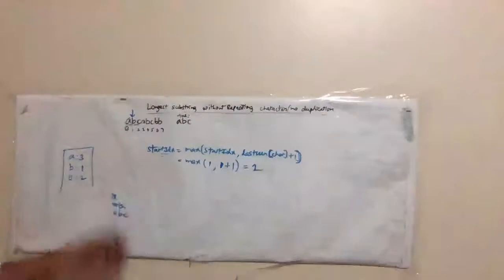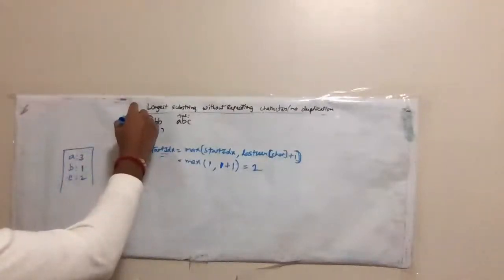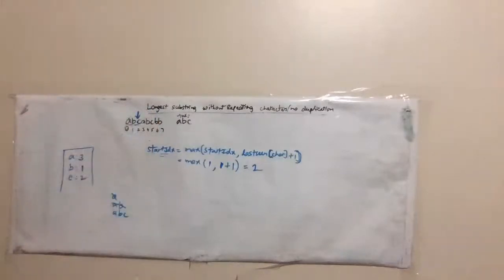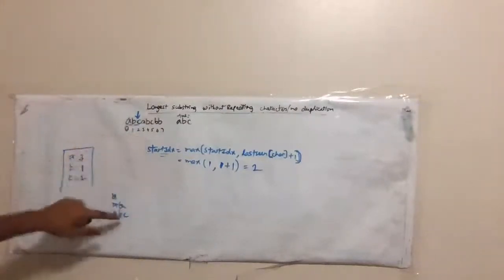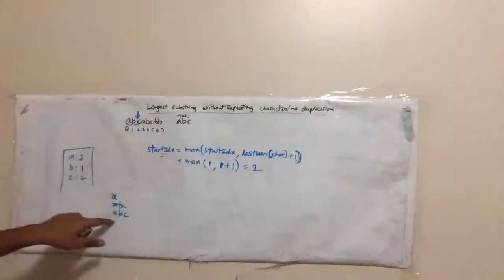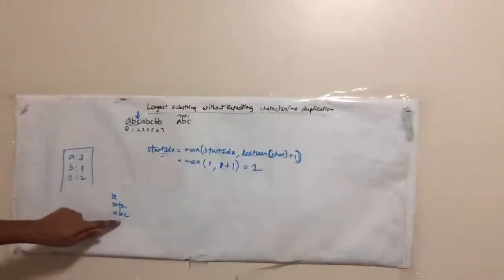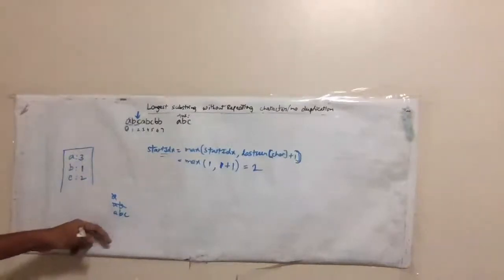So update the start index as 2. We are just removing that B character which is repeated again. And for CA, is it greater than the already existing possible longest substring? It's not. We have got ABC. So this won't be updated here.